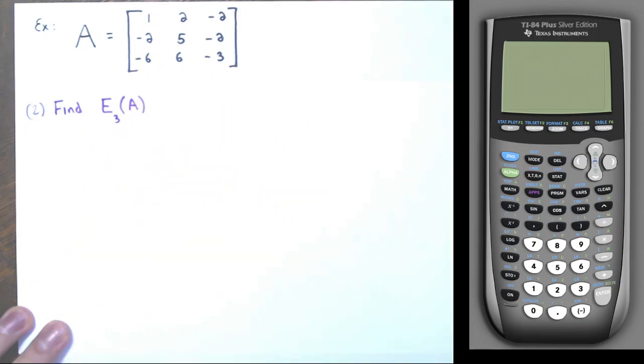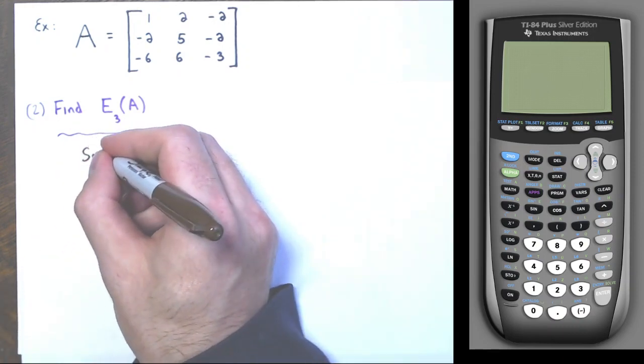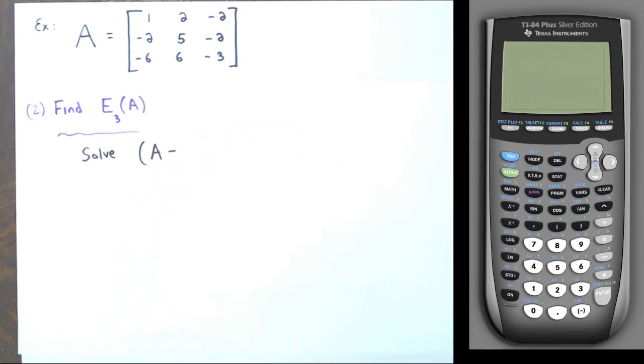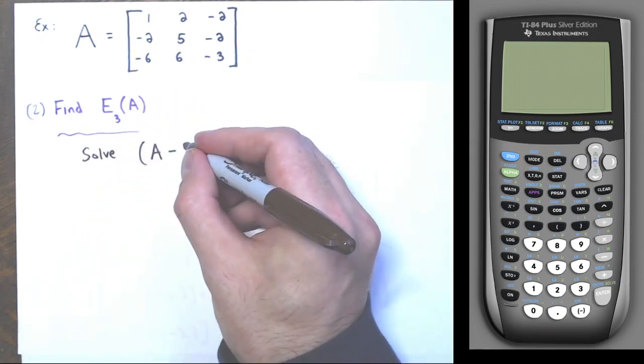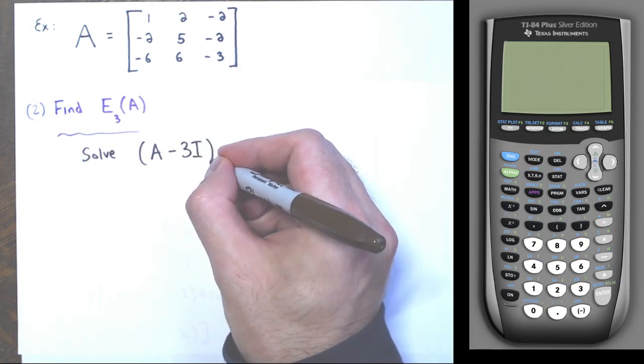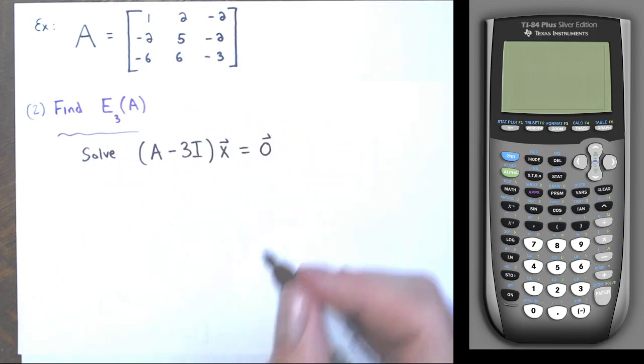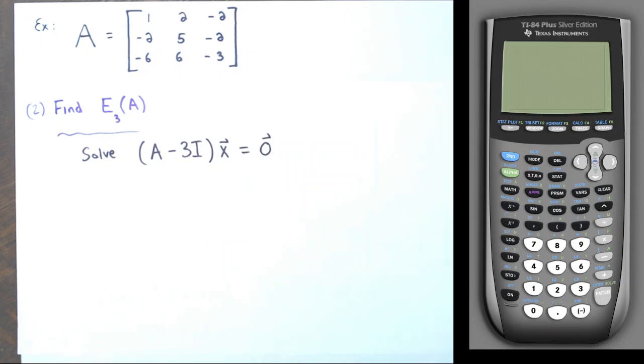Remember, that involves solving this equation, finding all the solutions of A minus lambda I, so 3I, multiplied by some vector x. When's that equal to the 0 vector? I'll write out the matrix.